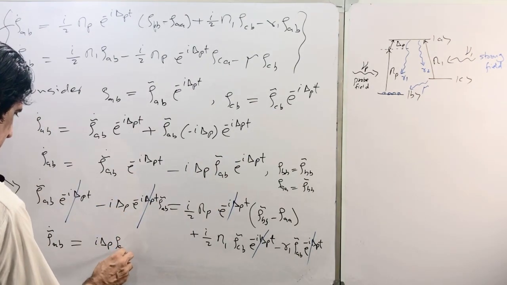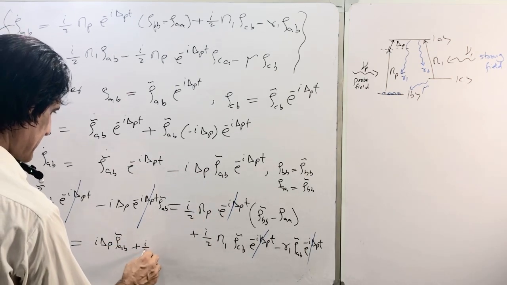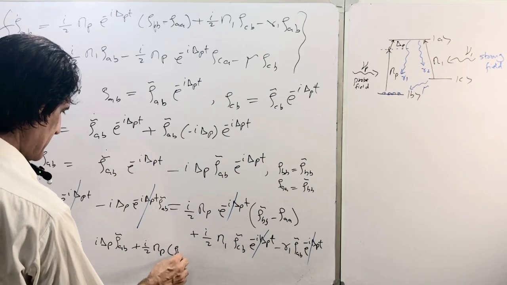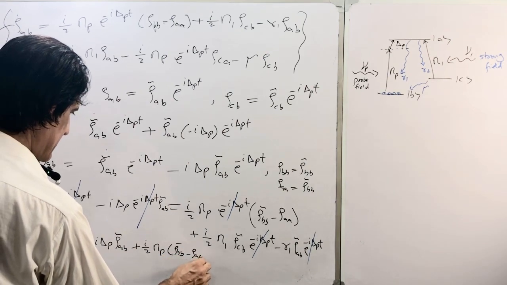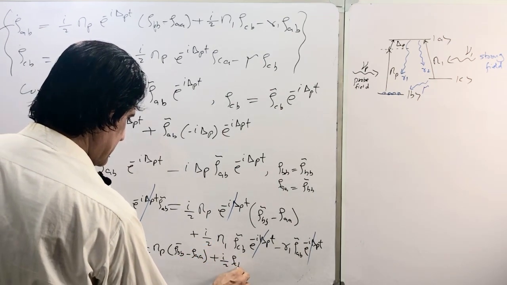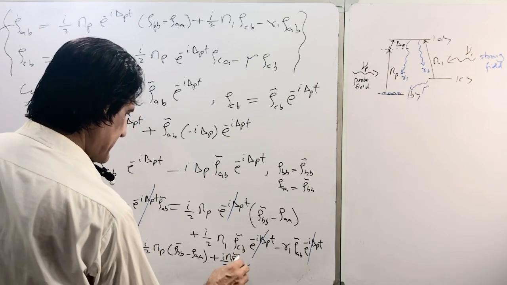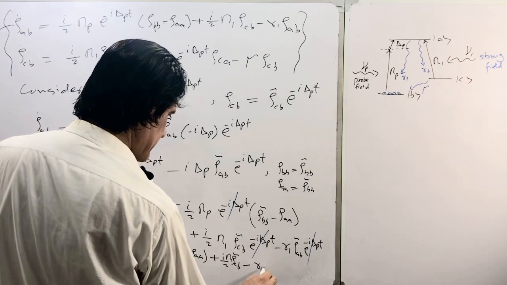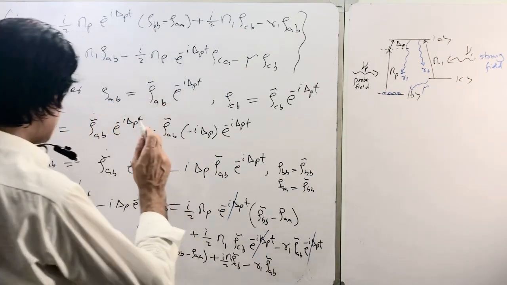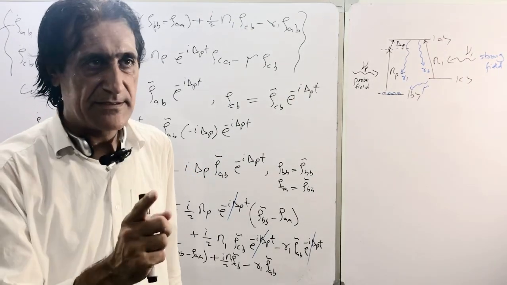So rho AB, and here iota divided by 2 omega p, rho BB minus rho AA, plus iota divided by 2 omega 1 rho CB, minus gamma 1 rho AB. So this is the equation that I have derived, and similarly, the rest is for your practice.